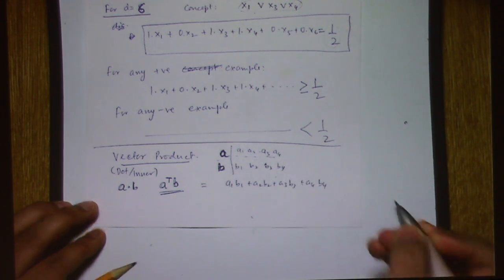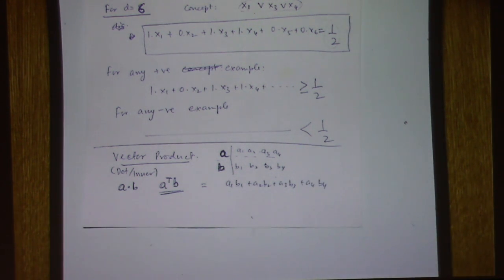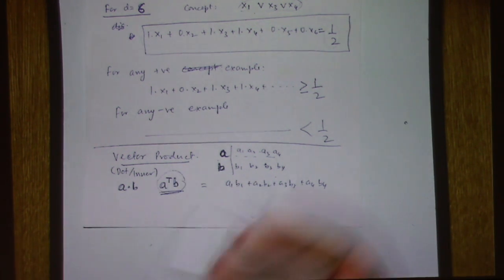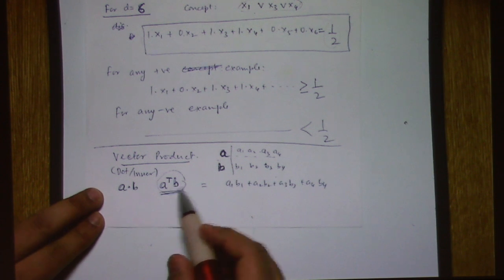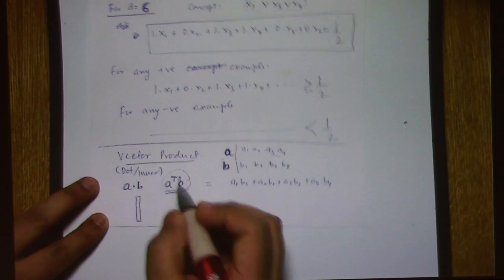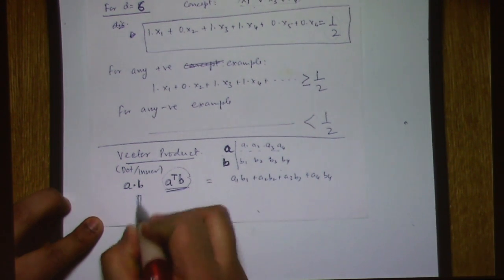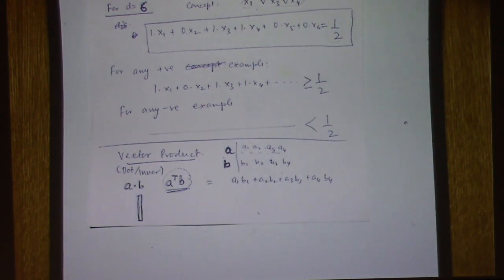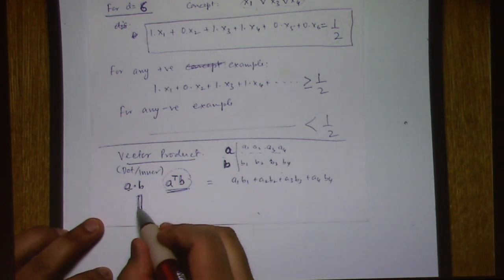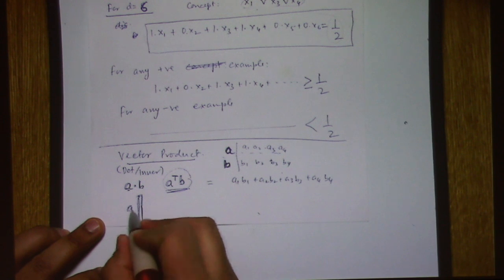That is the vector product. You'll see this over and over again for the rest of the course. The reason I write it this way is the matrix notation. Always remember that a vector is a matrix with only one column. It's a column vector. So when I am trying to do A dot B, I can take A and take its transpose.